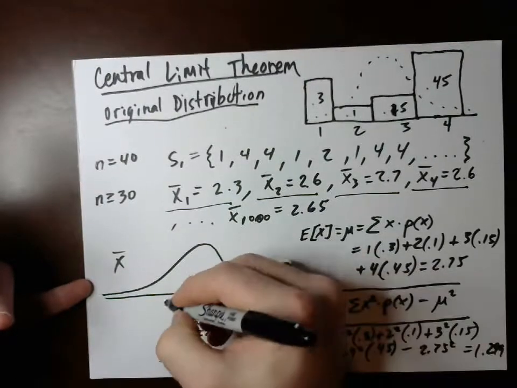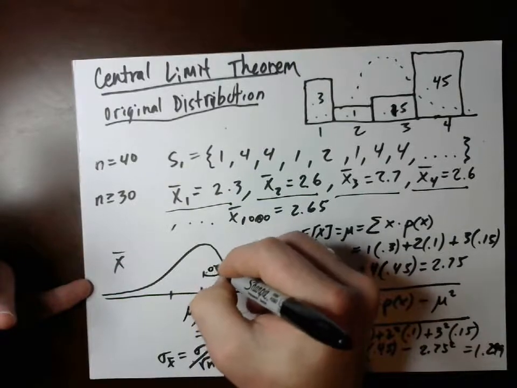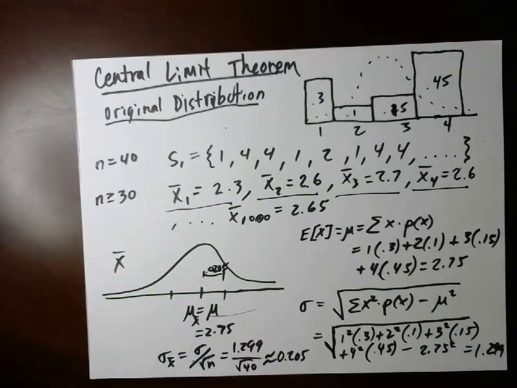So each check mark is a distance of 0.0205 away from each other. Okay?